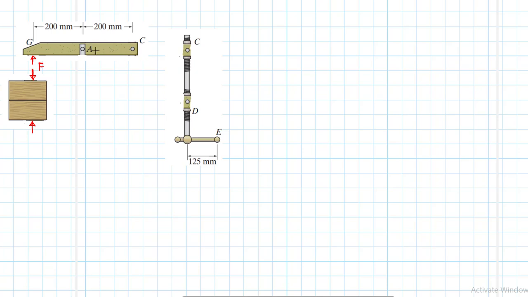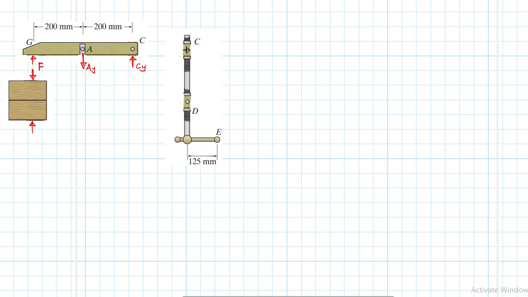To maintain equilibrium, even when there's a hinge, at a hinge you expect two reactions, but to reduce unnecessary work, I know that at this point I'll expect a reaction force like this, and at this particular point a reaction like this. Let me call this one CY.